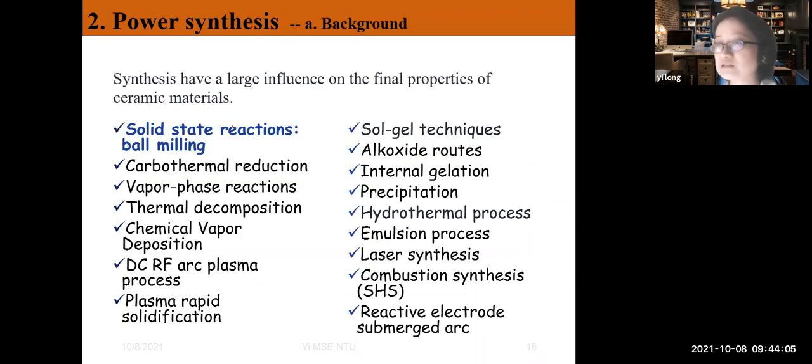The synthesis has a large influence on the final ceramic product, and there are so many ways you can produce these powders, for example sol-gel and carbothermal reaction. But in this course, we only talk about the solid state reaction. In particular, we're going to use ball milling for these solid state reactions.